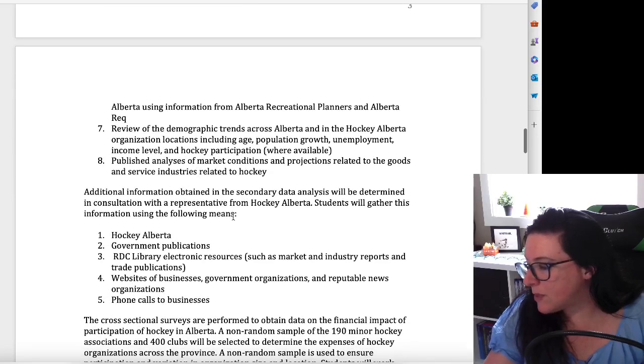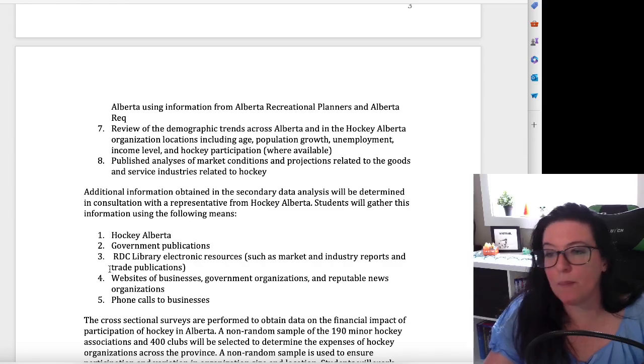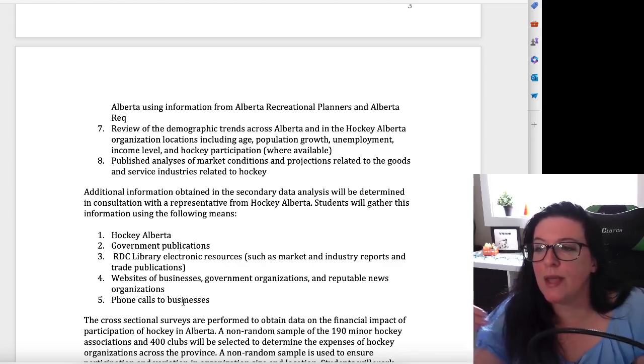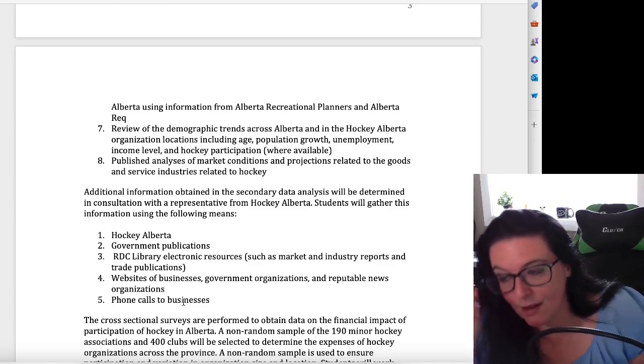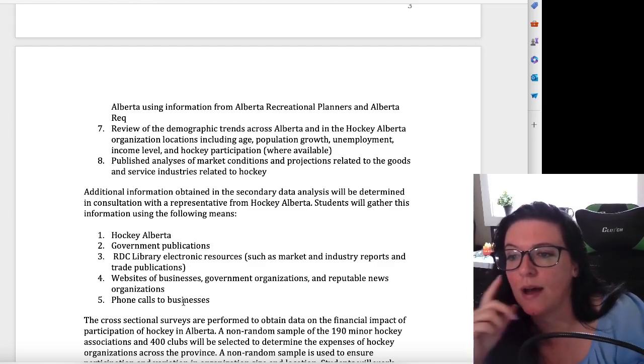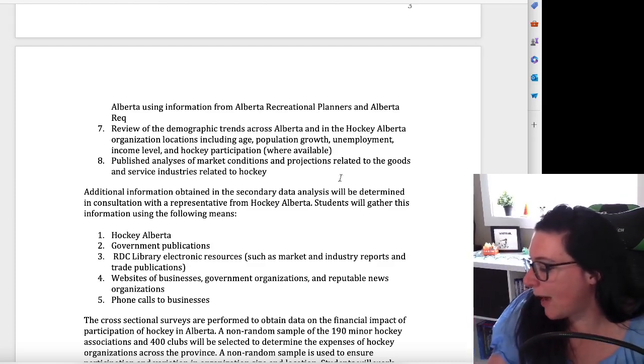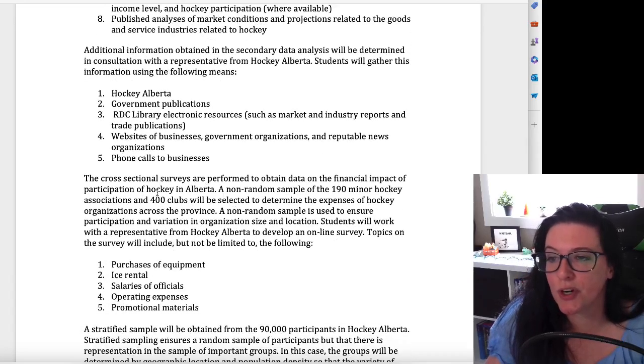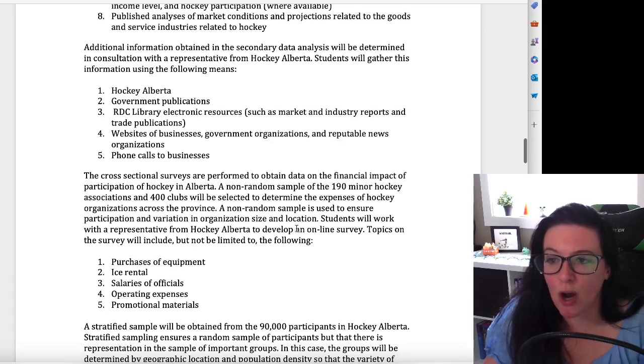And then here are some examples of other sources. We're going to call some local businesses to ask, do you get people for hockey events coming to your restaurant, coming to your hotel?